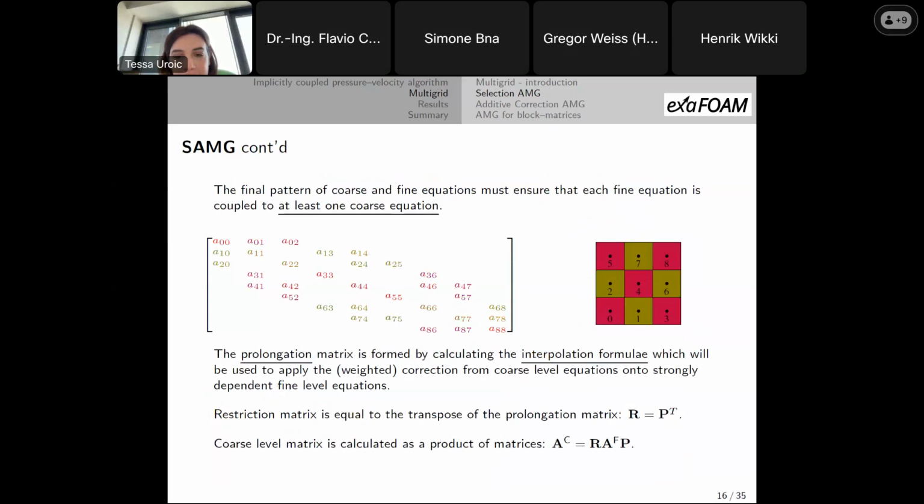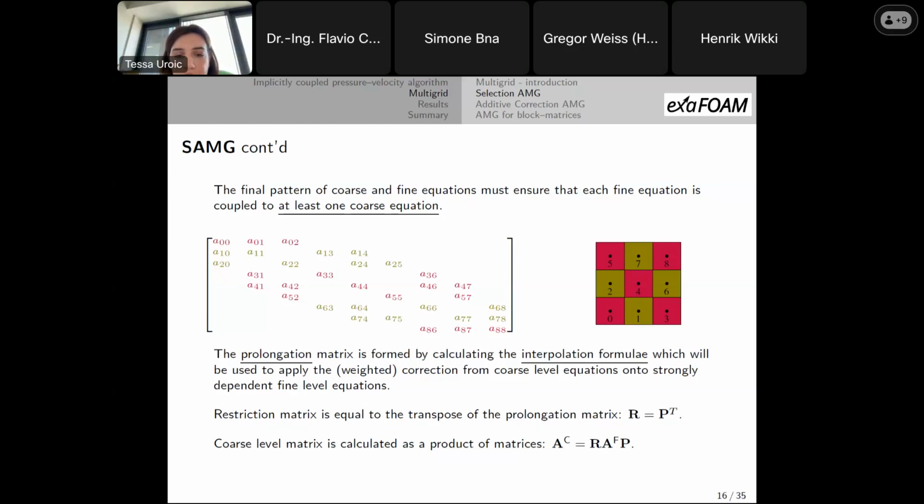The idea of choosing these strong equations, so the strongest equations in your matrix, is, as I've said, to efficiently interpolate the correction term once you go back to the fine level. And this interpolation formula is based on an assumption that the error term between 2 neighboring equations, 2 dependent equations, is in fact linear.